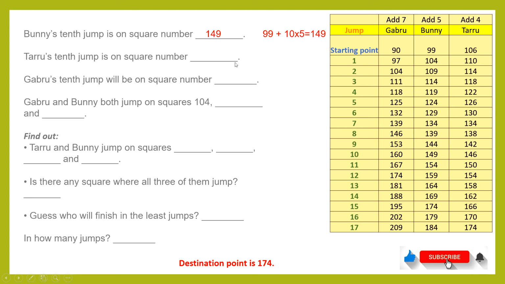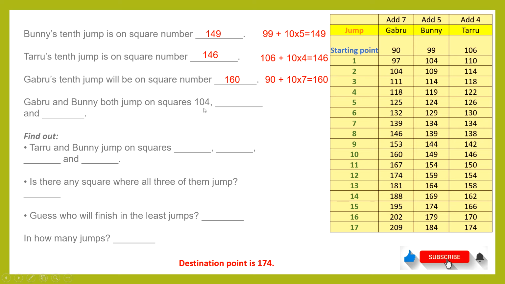Taru's 10th jump is 146. In the same way, the 10th jump means 10 multiplied by 4 because Taru jumps every 4 steps. So 4 multiplied by 10, 40 plus 106 becomes 146. Gabru's 10th jump will be on square 160. 10 multiplied by 7 is 70, plus 90, 160.